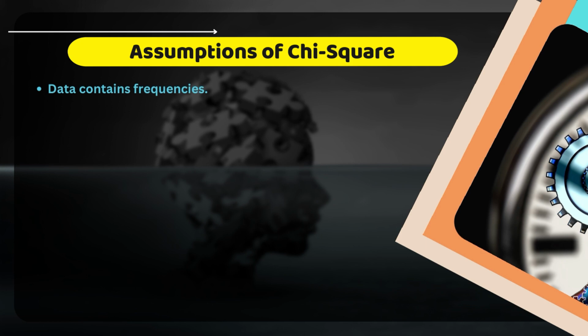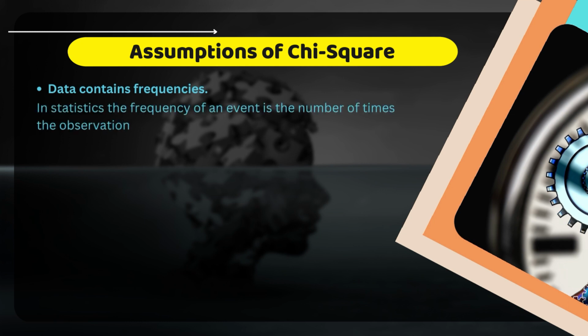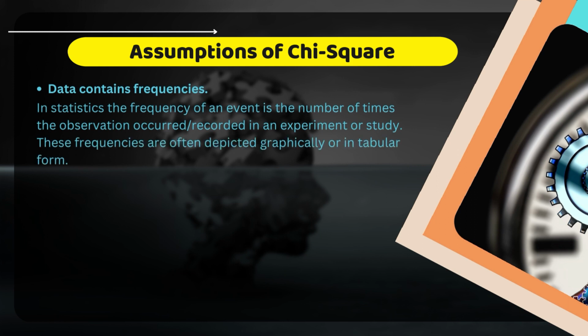In chi-square test, data should be based on frequencies, and you know, in statistics the frequency of an event is the number of times the observation occurred or was recorded in an experiment or a study, and these frequencies are often depicted graphically or in tabular form.